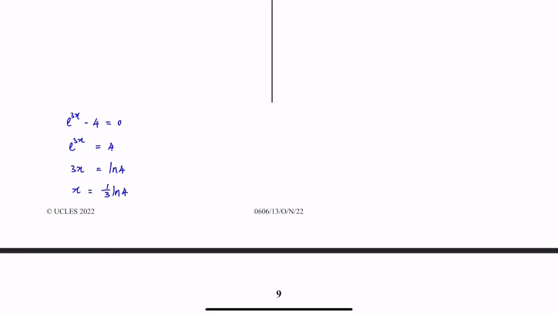And for the y-intercept, we sub x equals 0. So we have e to the 3 times 0 minus 4. So e to the power of 0 is just 1. So 1 minus 4, we get minus 3. So the y-intercept of the f(x) graph would be negative 3.